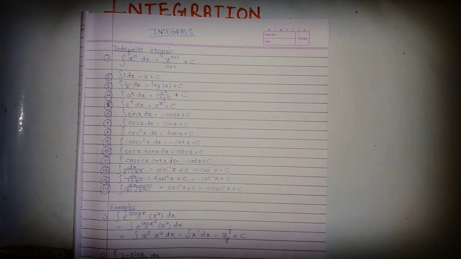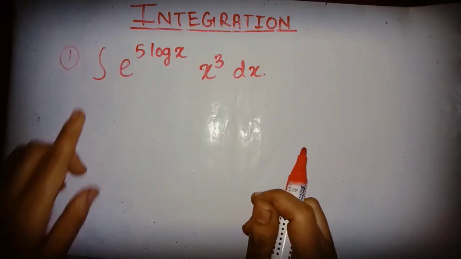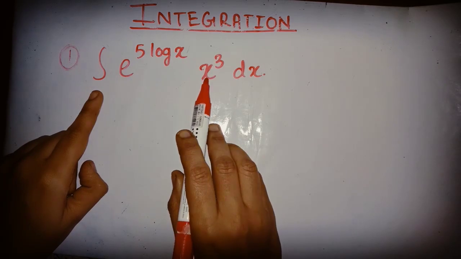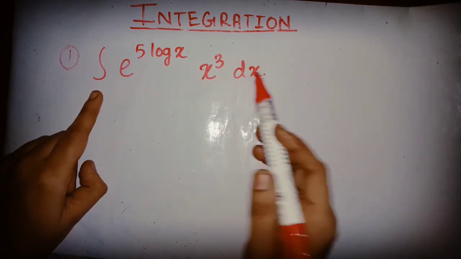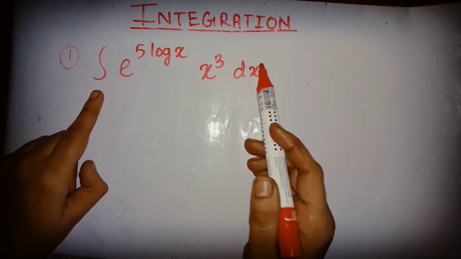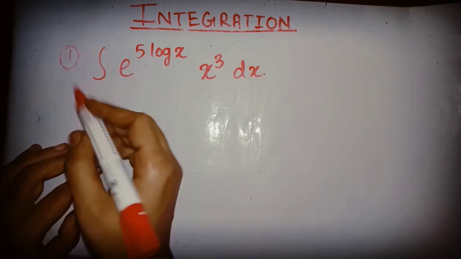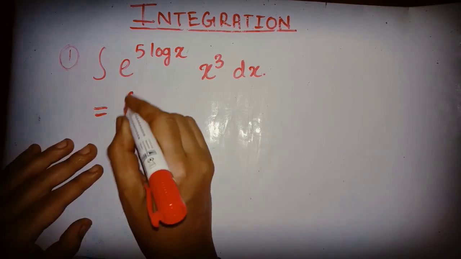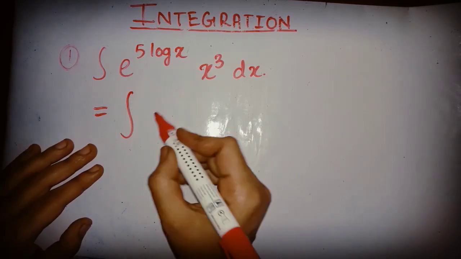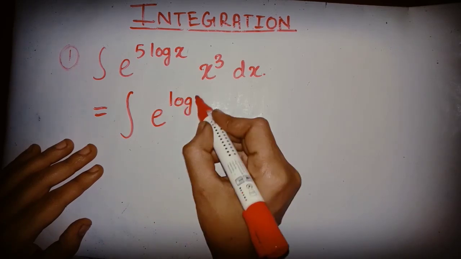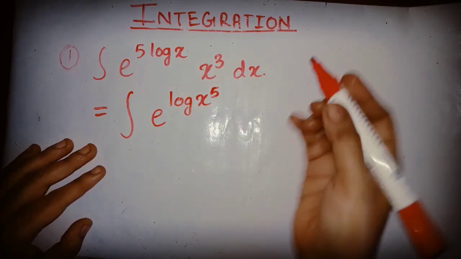Now let's see some examples of indefinite integrals. So here we have the integral of e raised to 5 log x into x cube dx. Here you have to apply the properties of log. So you can write e raised to 5 log x as e raised to log x raised to 5, right?